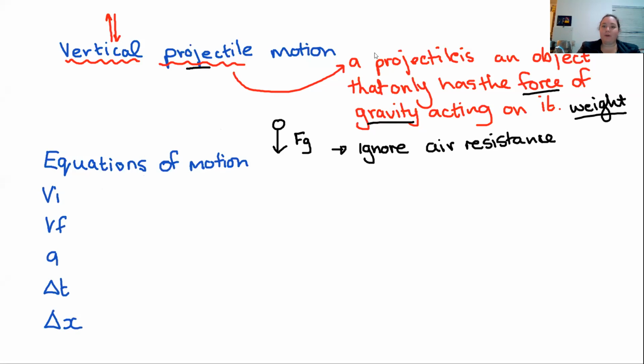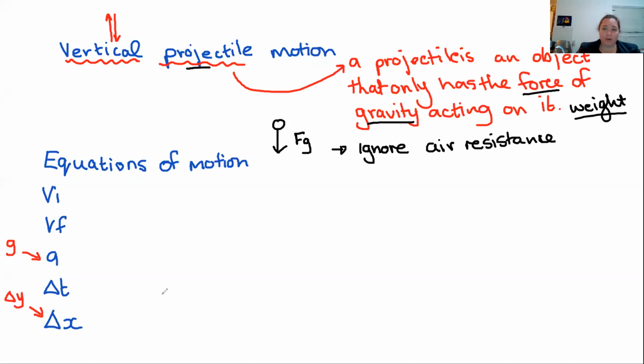I am fully aware that your teachers may, in light of being perfectly correct, say that if you're dealing with vertical motion, instead of using A you should use G because it's the acceleration due to gravity, and instead of using delta X you should use delta Y, because technically the X plane is horizontal, left and right, and your Y plane goes up and down.